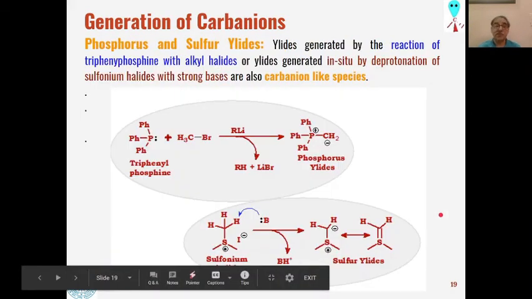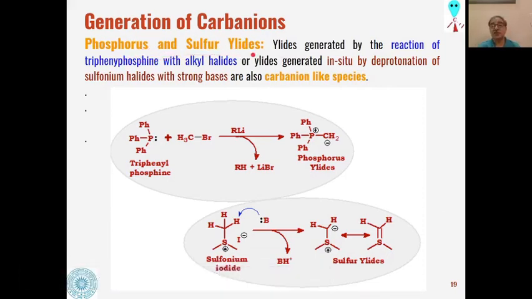Then there is generation of carbanions from phosphorus and sulfur chelates. These are very important reagents in organic synthesis, and they are generated from the reaction of triphenyl phosphine with alkyl halides.